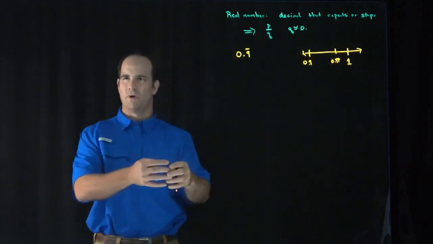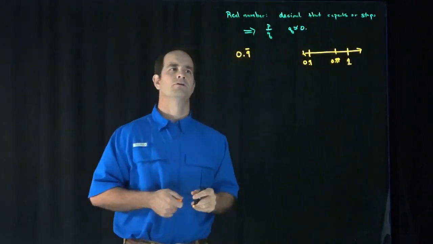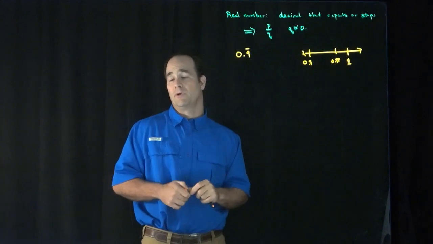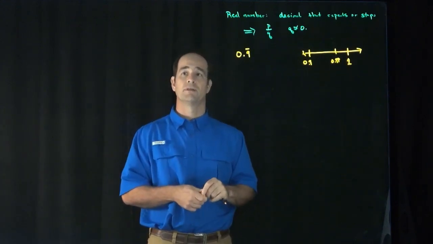I could keep on going here if I was to zoom in. So how close should I place 0.9 repeating to 1? And I'm really hoping by writing it as a fraction, I can see that with a little more clarity.